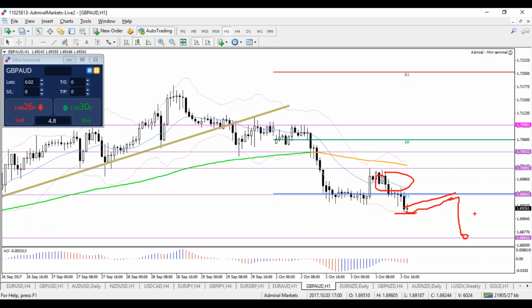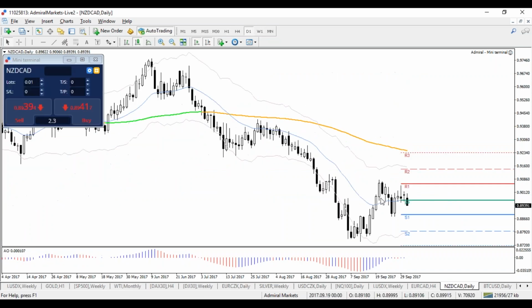So that's definitely something to keep an eye on. New Zealand CAD is showing some bounce when we look at these weekly candles. Looks like some bullish momentum. In the downtrend though, of course, obviously.